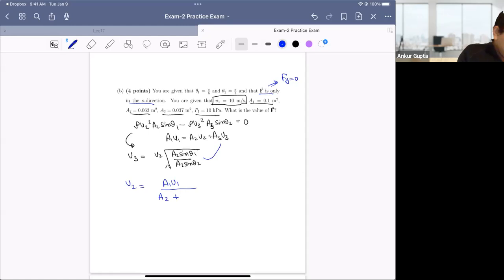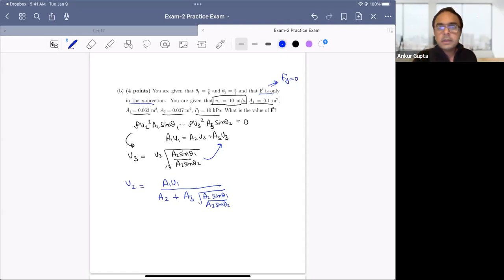I'll substitute this back here. Right? So let me make sure I'm not making any mistake here. I believe this should be okay. So let's do this calculation.